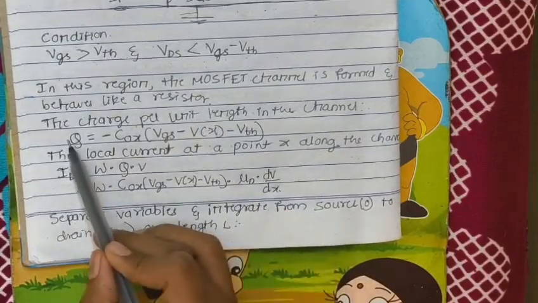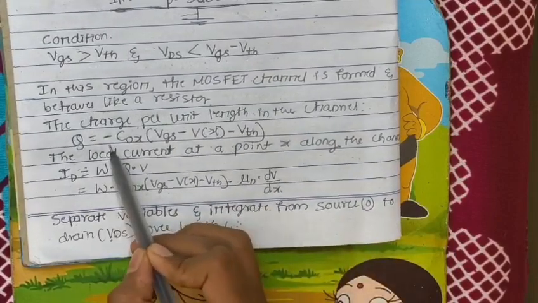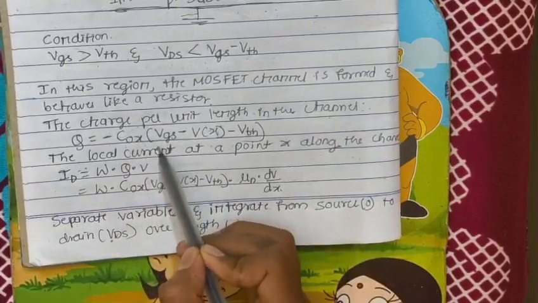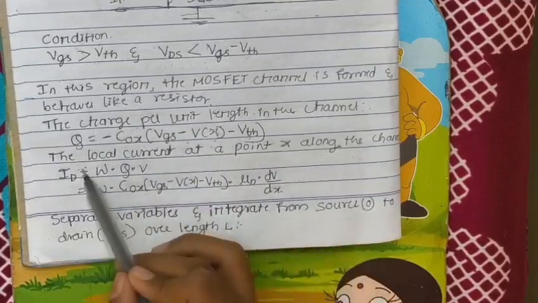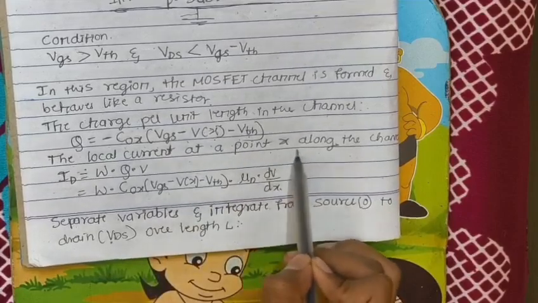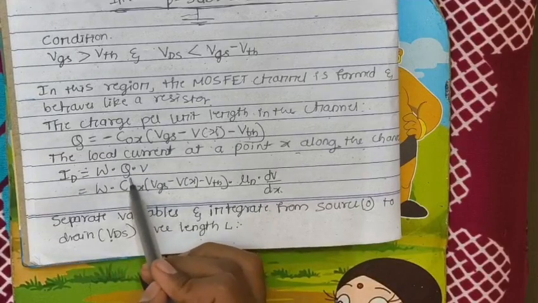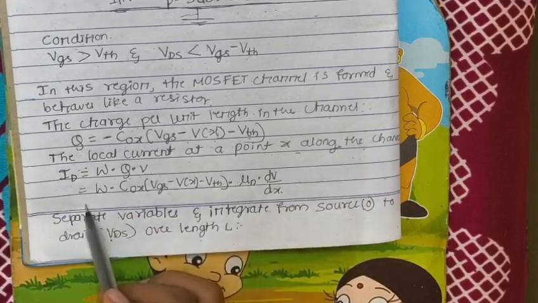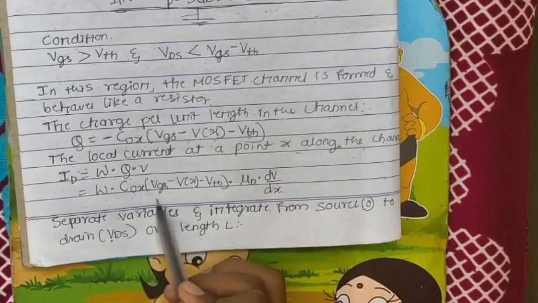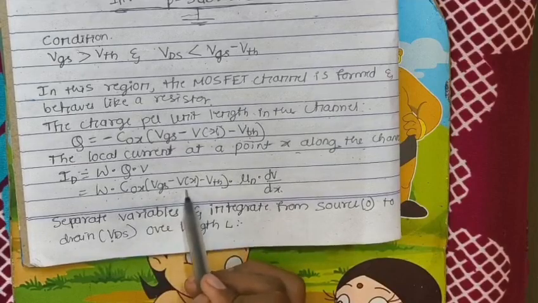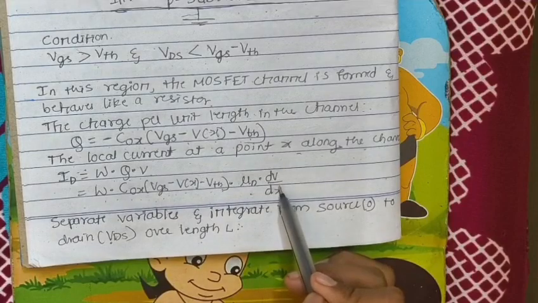The charge per unit length in the channel Q is equal to minus COX into VGS minus V of X minus VTH. The local current at a point X along the channel, ID, is equal to W into Q into V, which is equal to W into COX of VGS minus V of X minus VTH into UN into dV by dx.